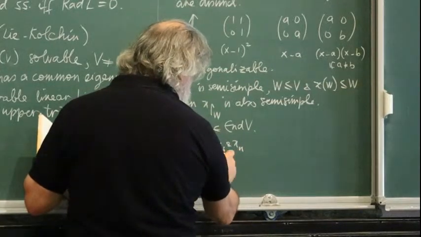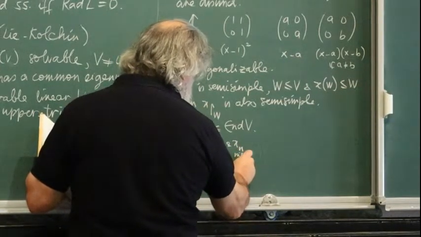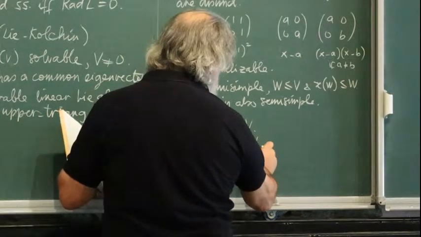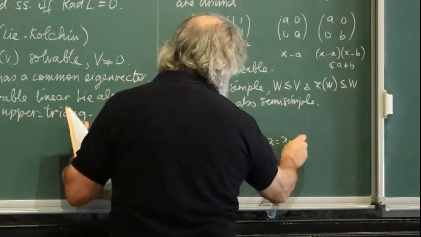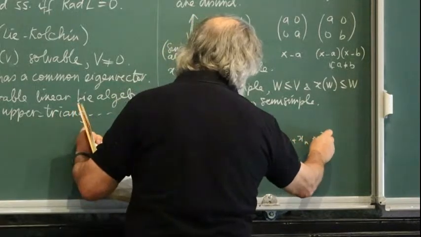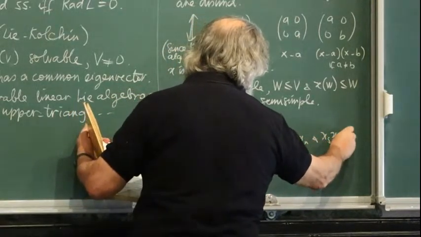XS is semi-simple, and it's important, such that X is equal to XS plus XN, and XS and XN commute with each other.